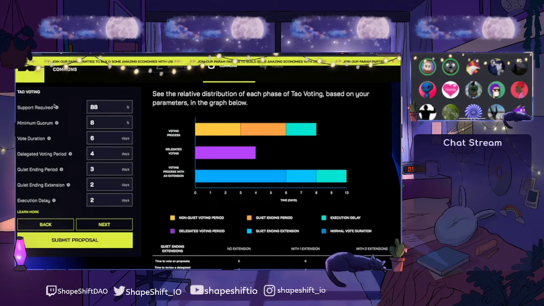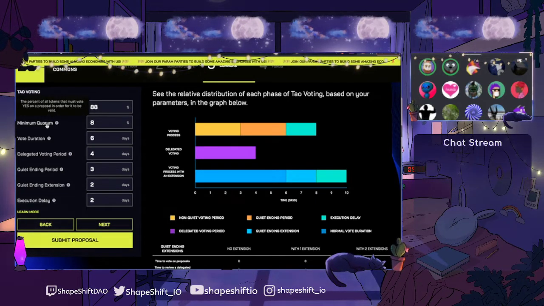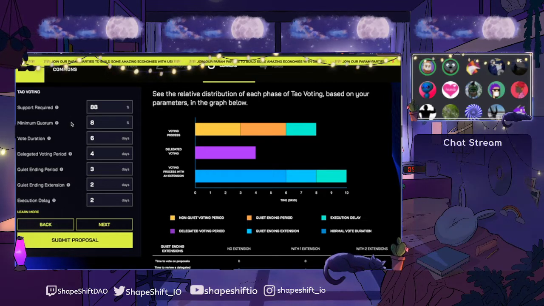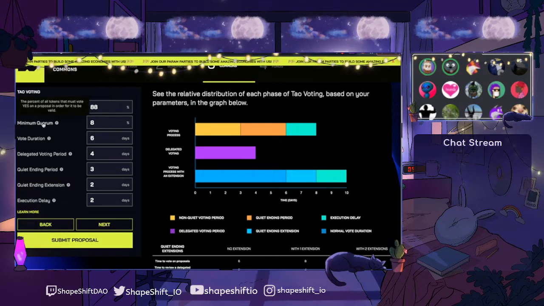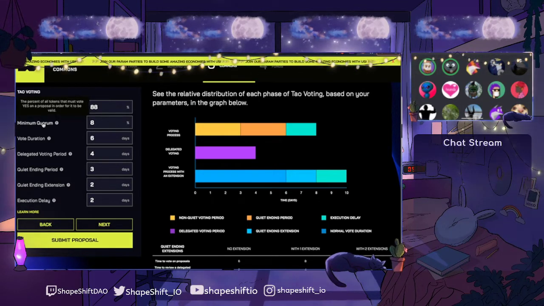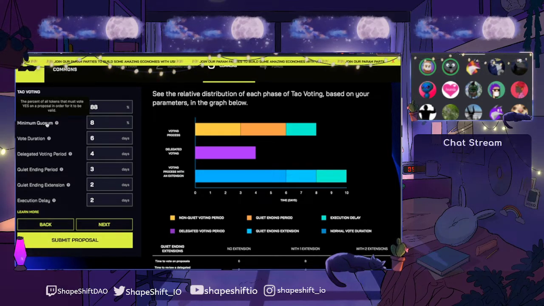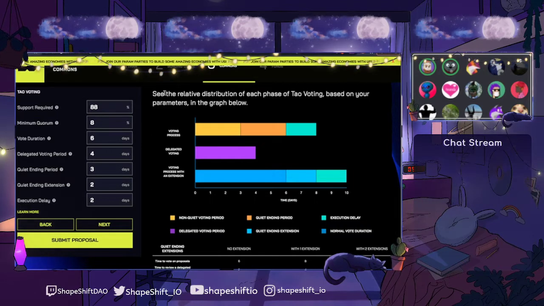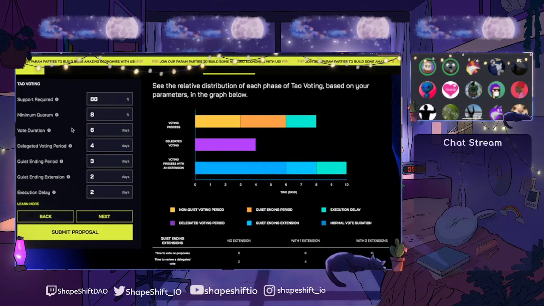Those have worked pretty well, and I personally think it would be a good idea to start with this. The minimum quorum is the percentage of all of the tokens that must vote yes in order to make this modification valid. So our vote duration would be 6 days.